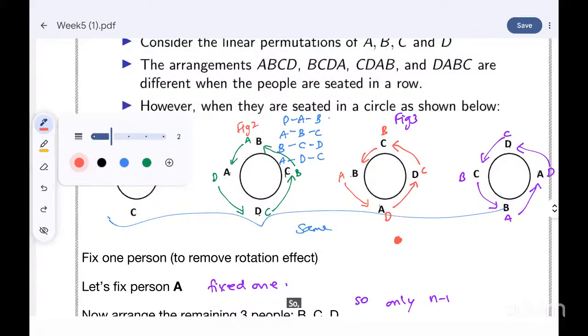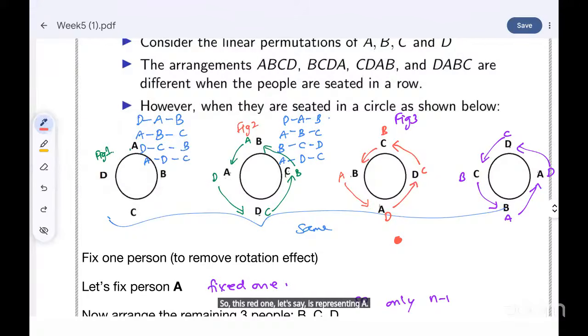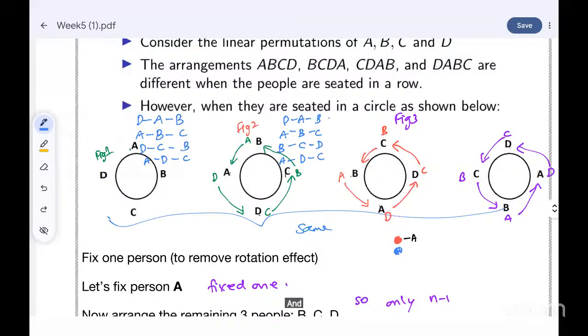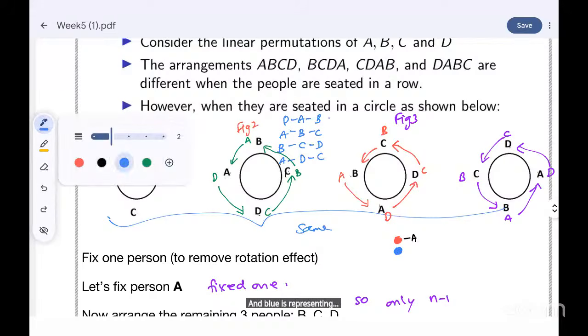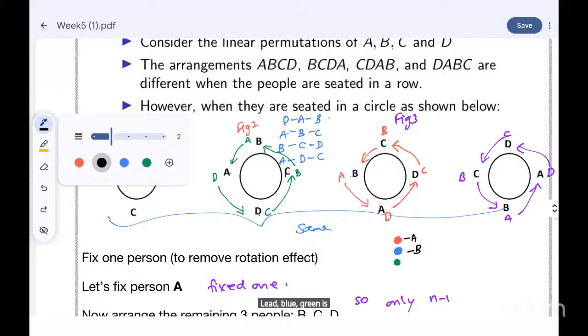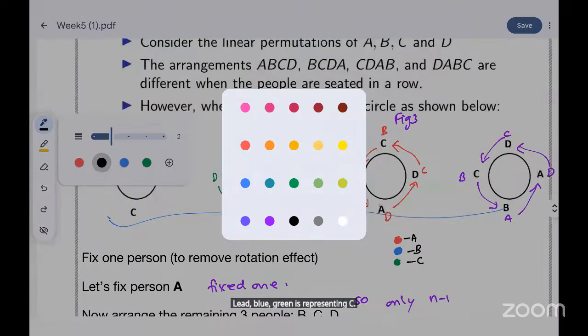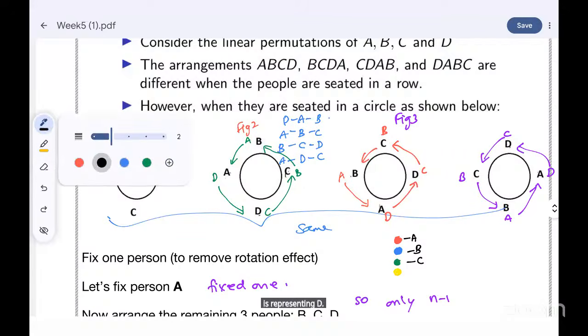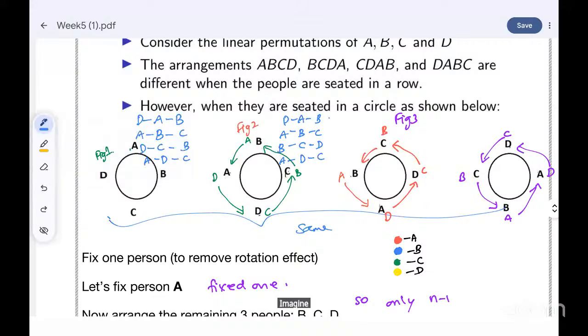This red one, let's say, is representing A. Blue is representing B. Green is representing C. And let's say yellow is representing D. Now imagine that this is a bead, kind of a necklace.